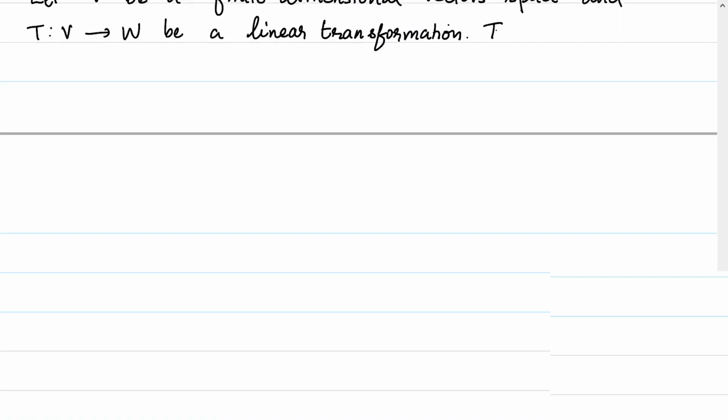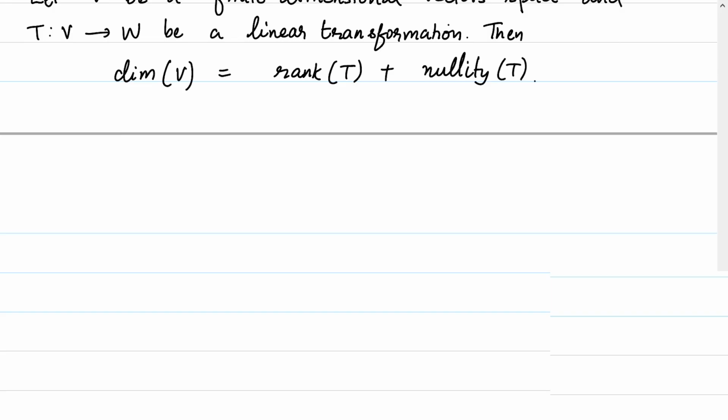Then the dimension theorem states that the dimension of V is equal to the rank of T plus the nullity of T. So let's look at a proof of this theorem. This proof is quite instructive.